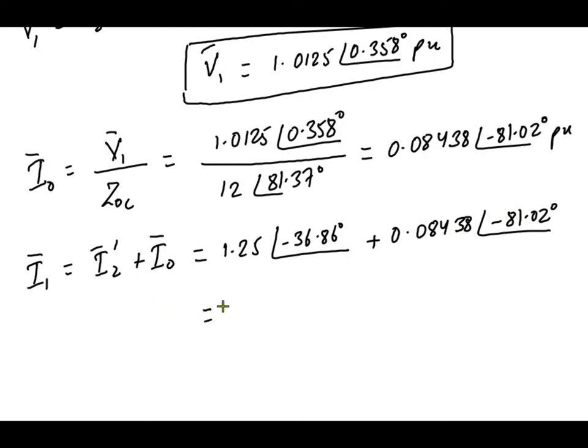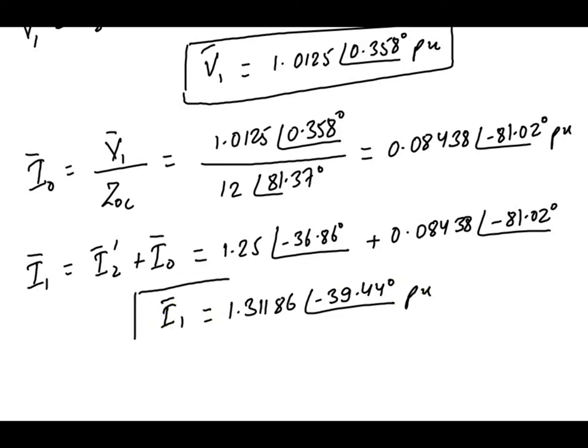If we solve it, we will get the value as 1.31186 angle minus 39.44 degree. So this is the primary current I1 under loaded condition.